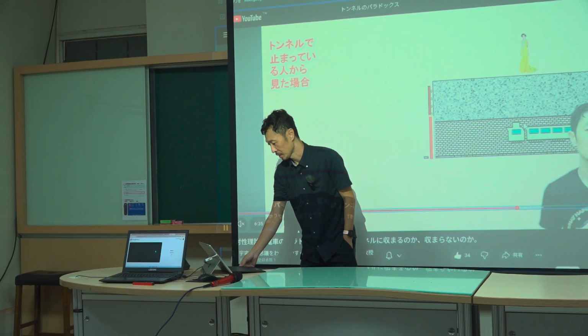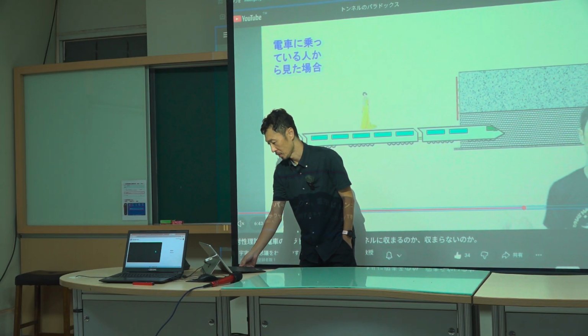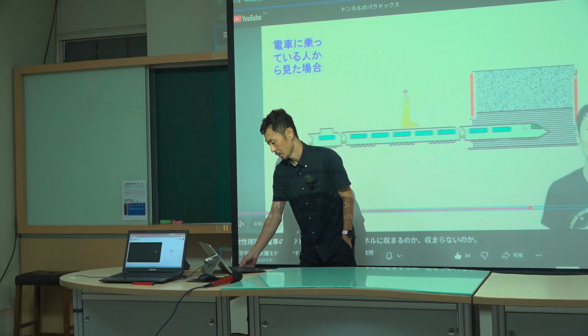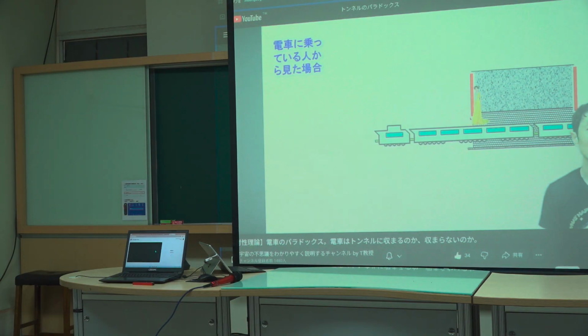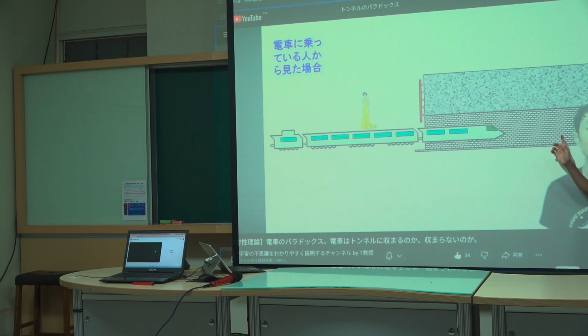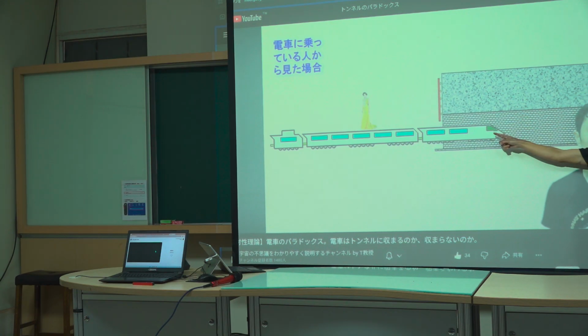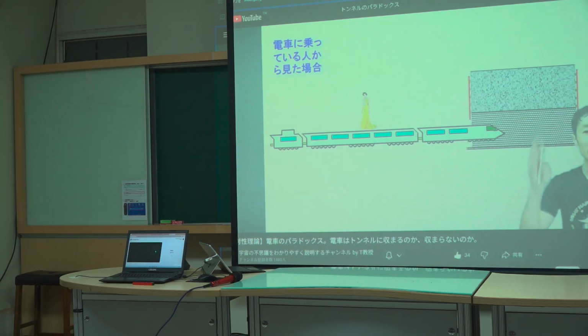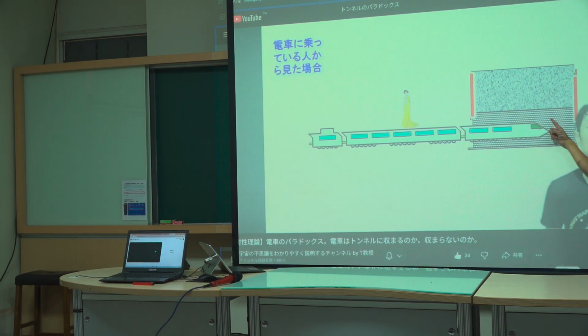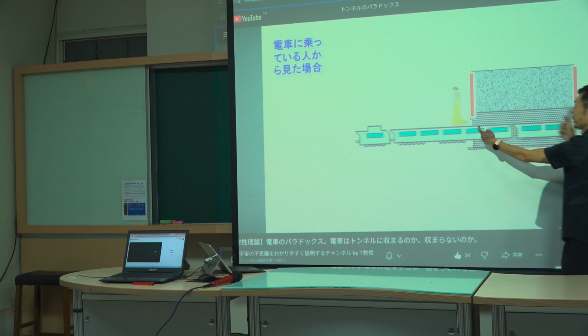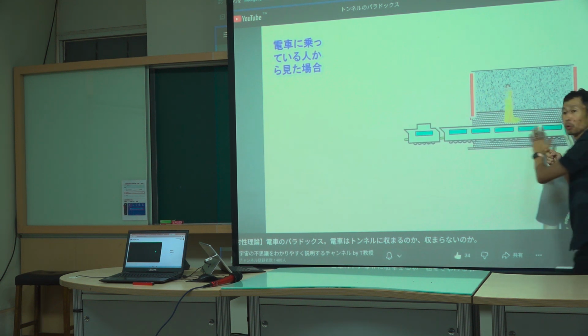But for this person on the train, this door closes first, and then this door closes later, because it takes time for the light to come here, because this guy is moving forward very fast.